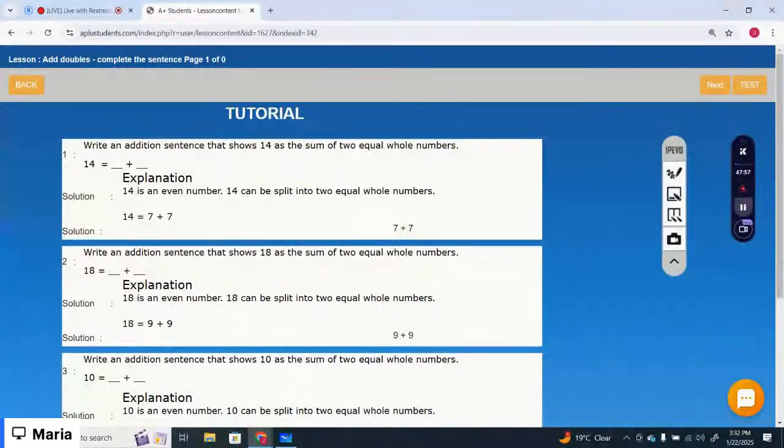So 14 is an even number, right? So you can split 14 into two equal numbers, right? That is 7 plus 7 makes 14. Let's just start with the test questions.